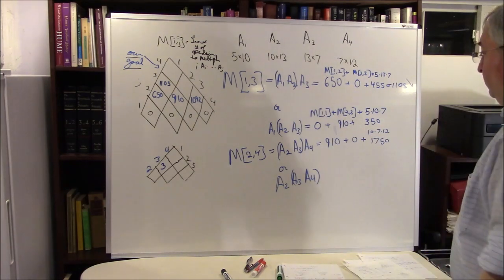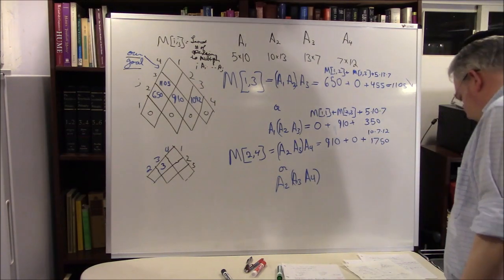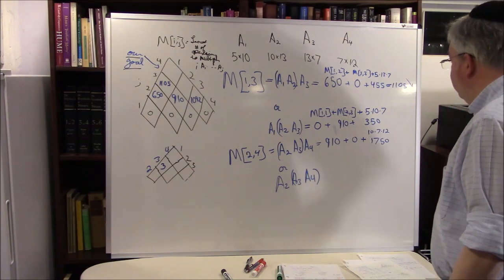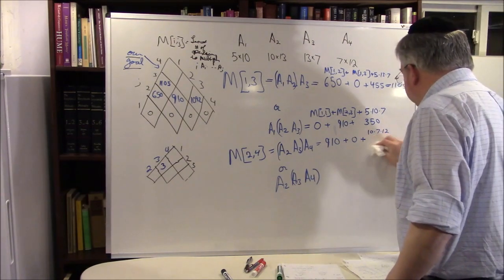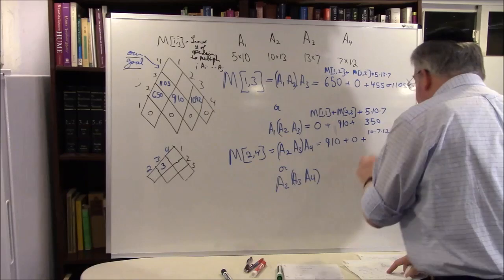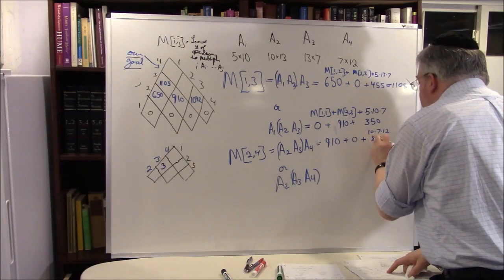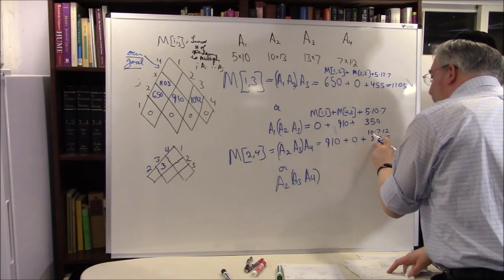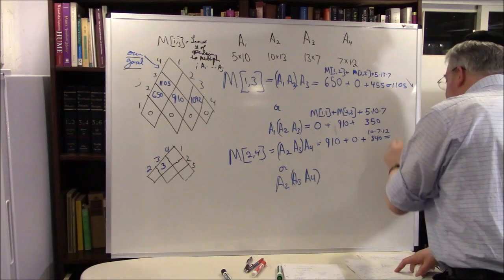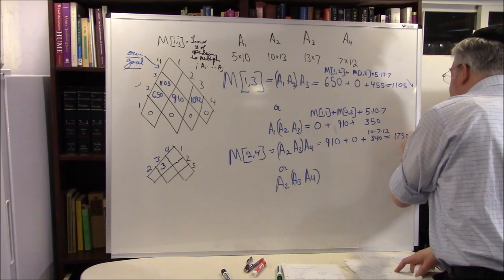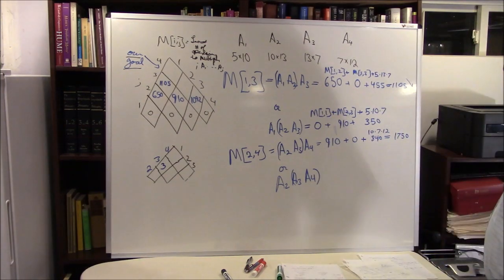Oops. Sorry. 10 by 7 by 12 is 840. Okay. And if you add 910 and 840, you get 1750. Good.